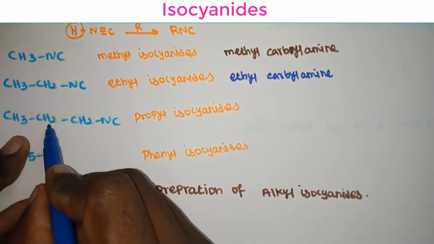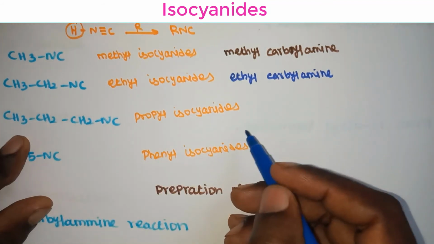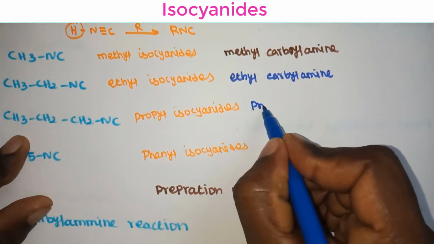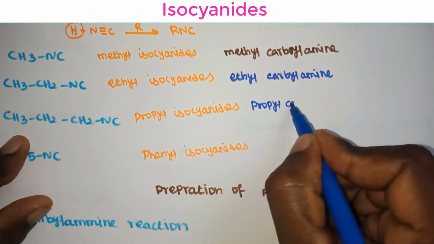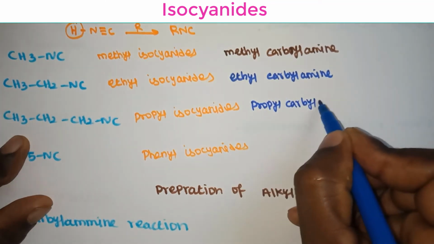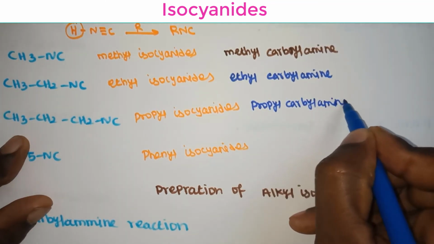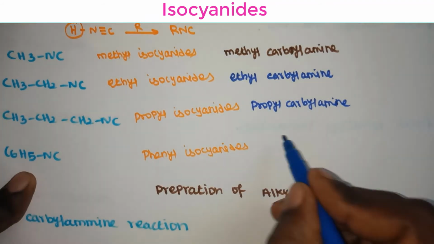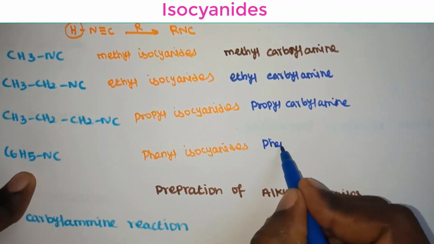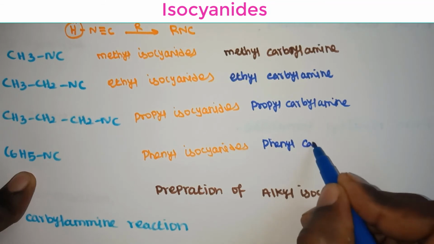Next one, CH3CH2CH2 is propyl, so propyl carbylamine. C6H5 is a phenyl group, so phenyl carbylamine.